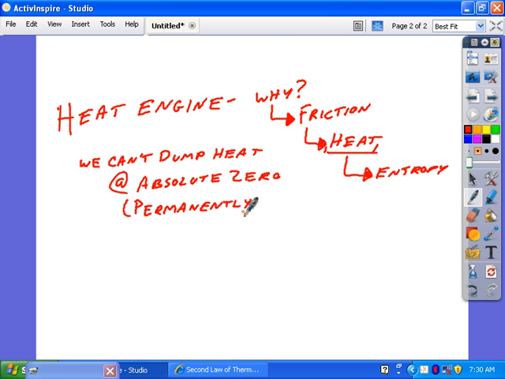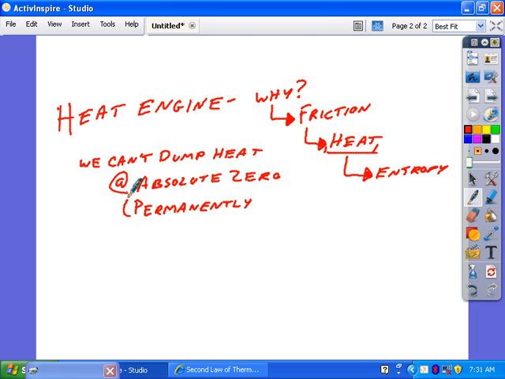It needs to go at some lower temperature. We are going to be limited based upon what we have available. Can we get close to absolute zero? Yes. But the problem is, to try to use that as the low temperature dump for a heat engine means that in a very short time, that temperature that was near absolute zero is no longer going to be anywhere near absolute zero. Right? Your best bet is to dump that heat into a large reservoir, either the atmosphere or a large body of water, which will stay at a relatively constant temperature. But still, that gives us some low value that we have to send it to.